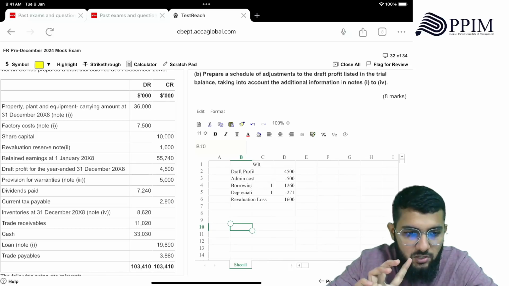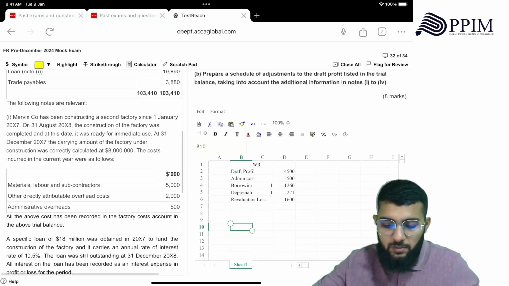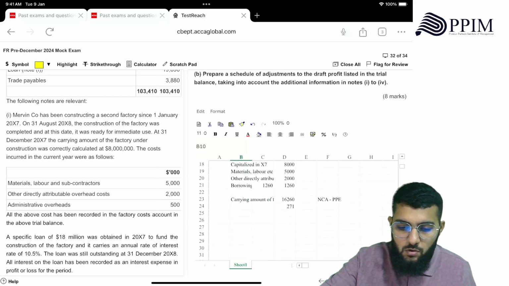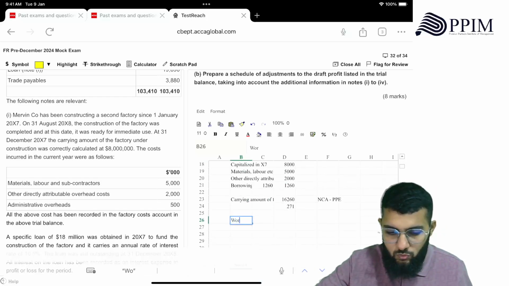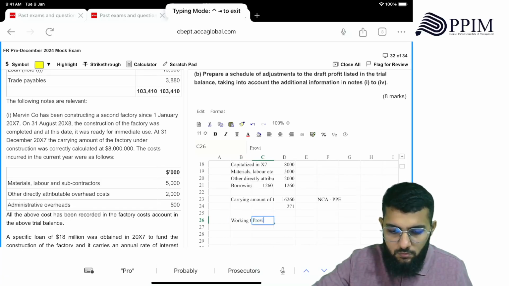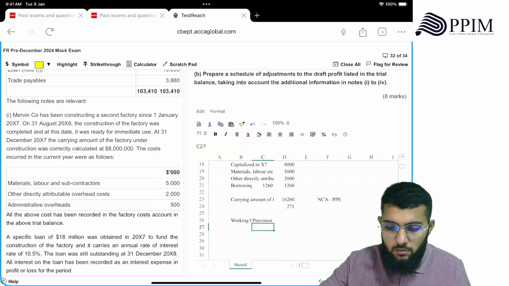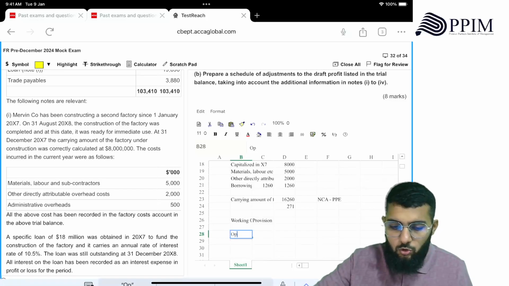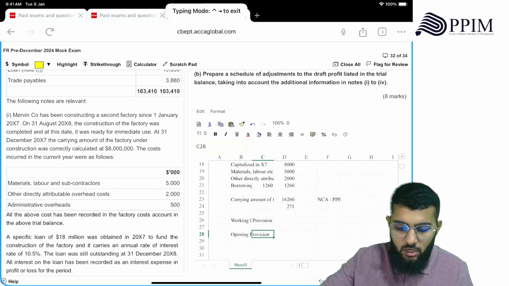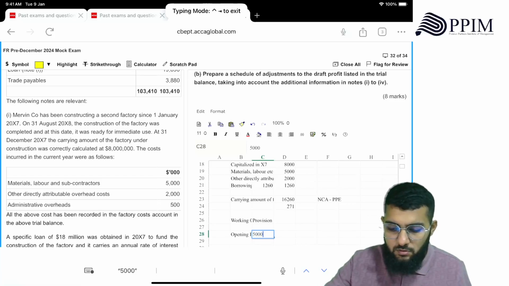Working, let me do working 2. Opening provision, they've given how much? 5,000.